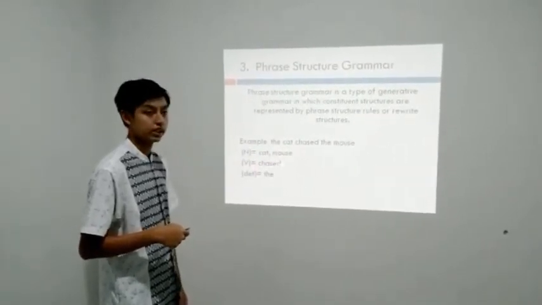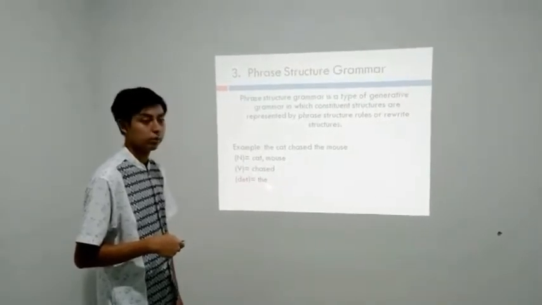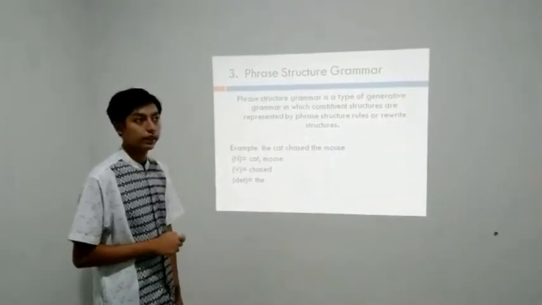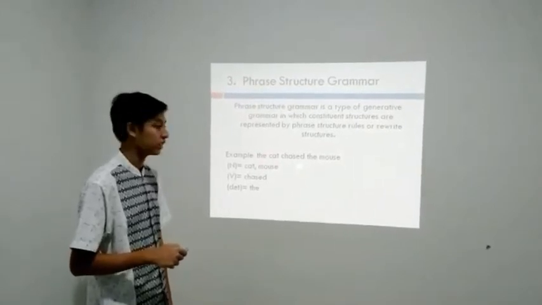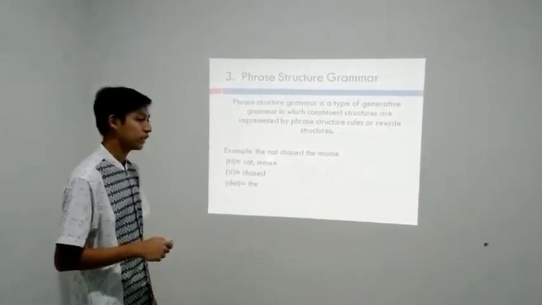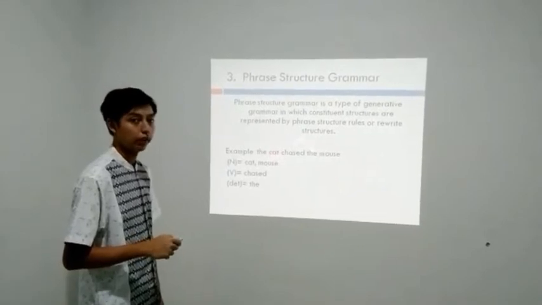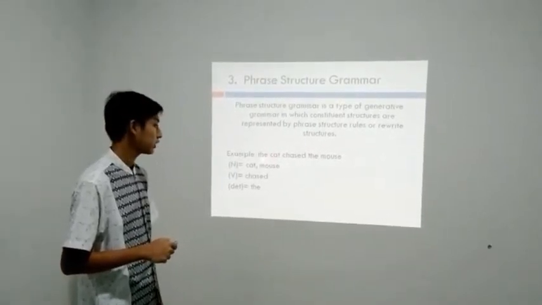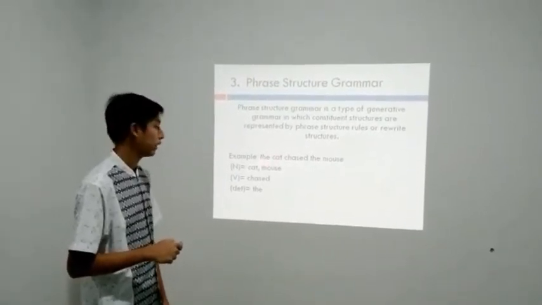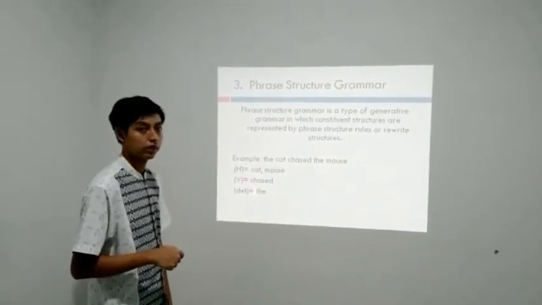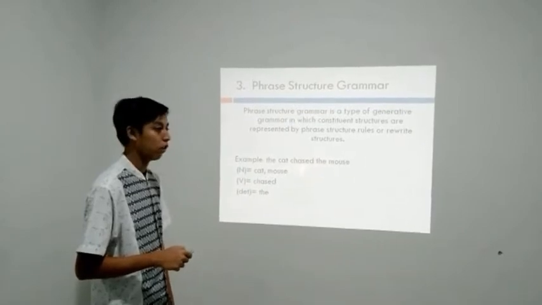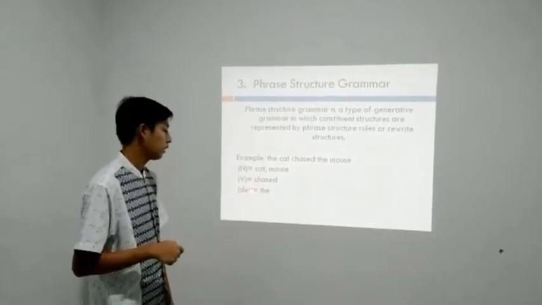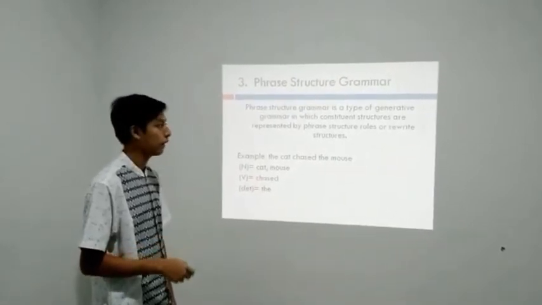The verb is chase, and the determiner is the. This is the arrangement of the sentence. A sentence is formed by a noun phrase and a verb phrase. A noun phrase is formed by a noun and a determiner, and a verb phrase is formed by a verb, a determiner, and a noun phrase.